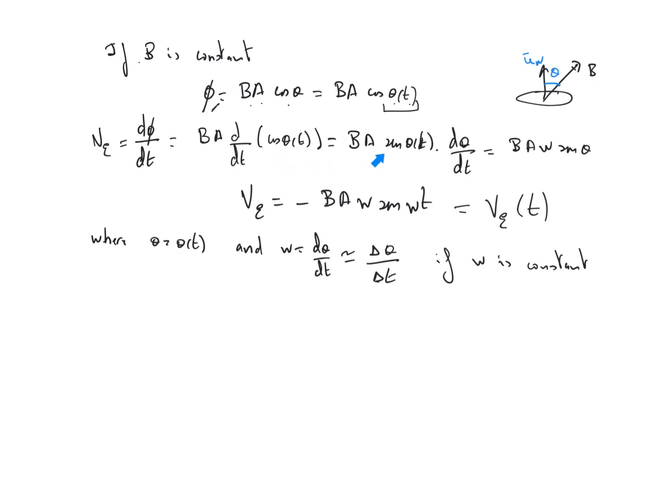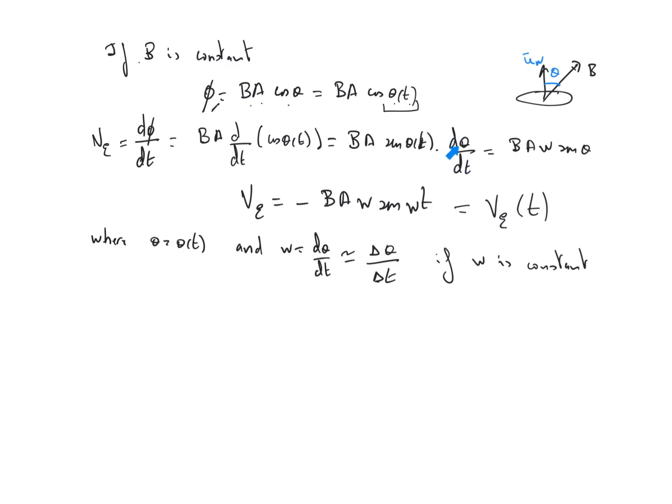So the flux will be B times A times the derivative with respect to t of cosine of theta, and the derivative of cosine of theta of t with respect to t is minus sine of theta of t multiplied by the derivative of theta with respect to t. The derivative of theta with respect to t is what we call the angular velocity: how much angle is rotated in how long.